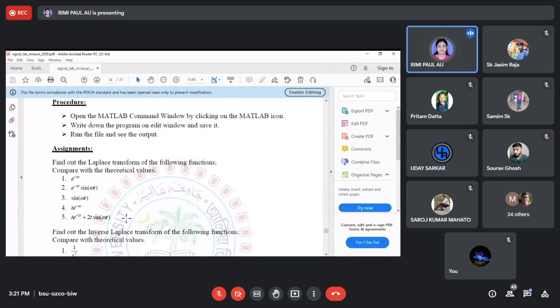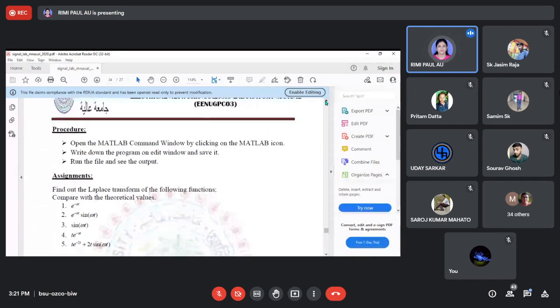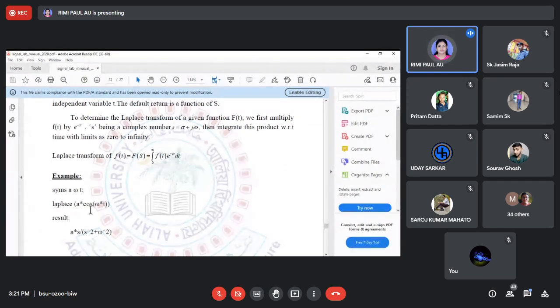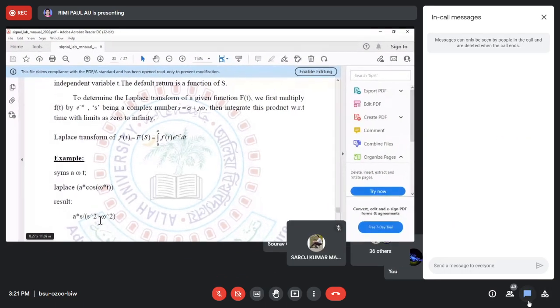You will get an answer, suppose this problem that we have done here, 1/s, no, let me show this, a cos omega t. This is the problem. A cos omega t is the function, and this function you have to apply Laplace transform, and after applying Laplace transform you have got s by s square plus omega square.